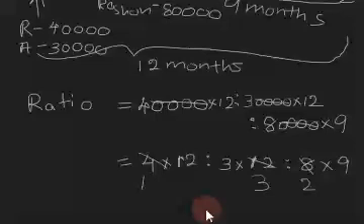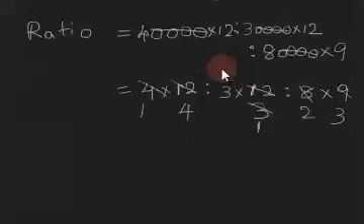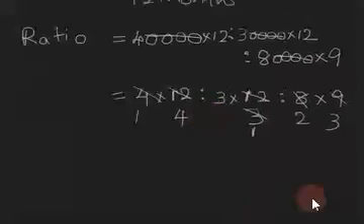Then I can divide the whole thing by 3. 12 divided by 3, 4. 3 divided by 3, 1. 9 divided by 3, 3. Now I can simplify.